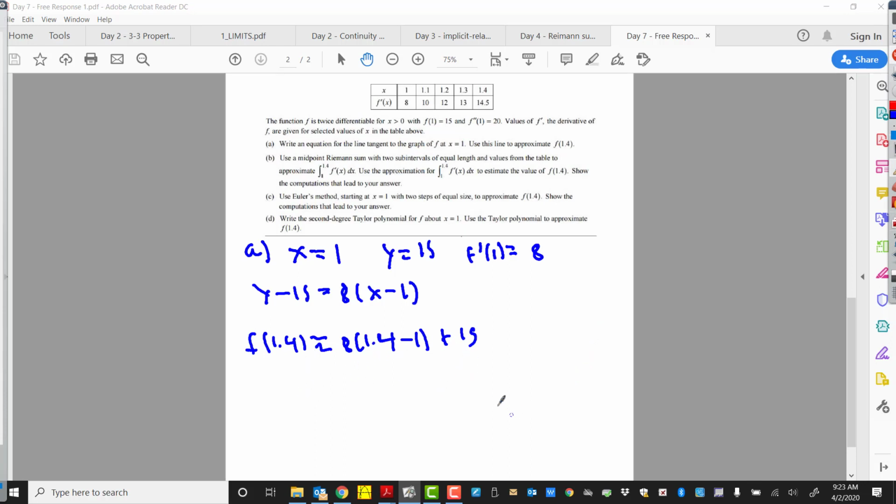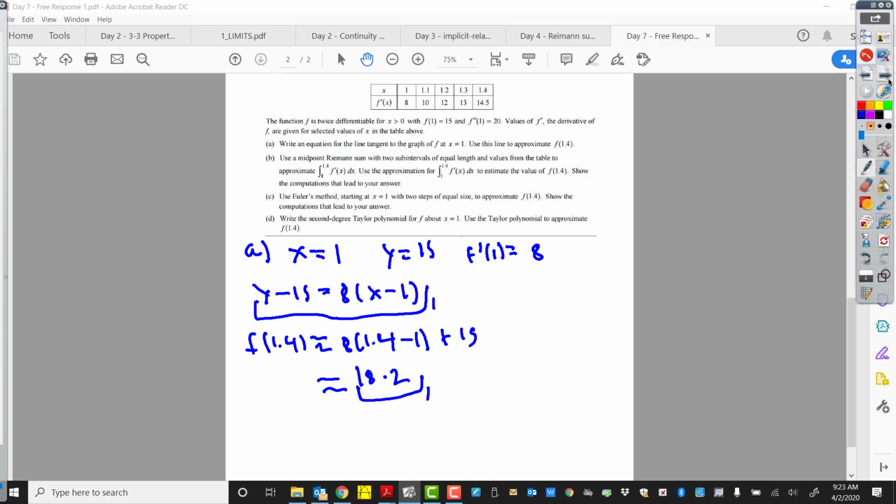Now, this is not a calculator problem. You would not use a calculator for this one. You should have seen that in the It's Learning assignment. So we'd have to work it by hand, and we end up getting f of 1.4 is approximately 18.2. Okay? In this problem, you get 2 points for this. You get 1 point for the tangent line, and then 1 point for your answer.